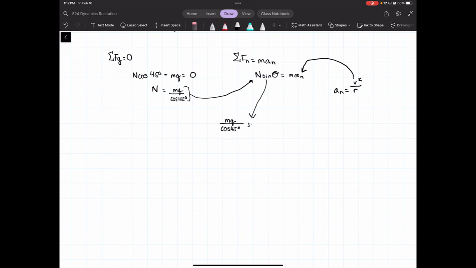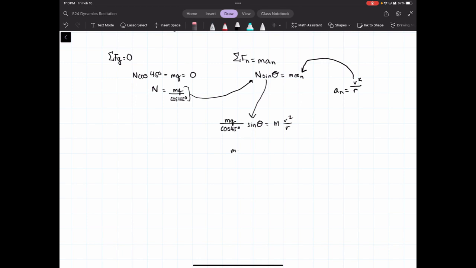So sine theta, and then m times v squared over r. Okay. So we can simplify this down. Sine over cosine is going to equal tangent.